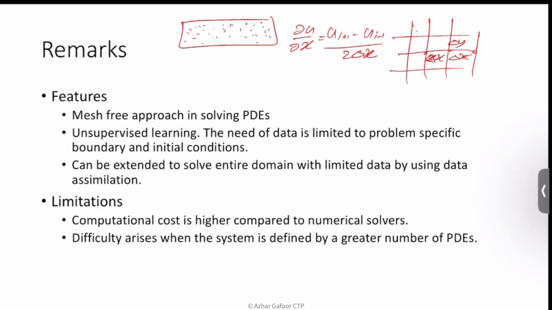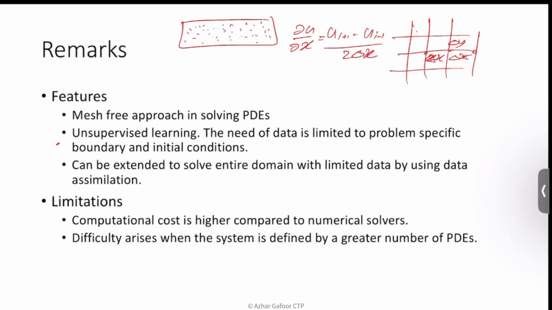Also, the results, while we infer, can be at any other point. It need not be the points which were given while training. So PINNs are considered to be a mesh-free approach in solving PDEs. And it is mostly unsupervised learning because, as we see, only the boundary points are used to calculate the loss in a supervised manner.